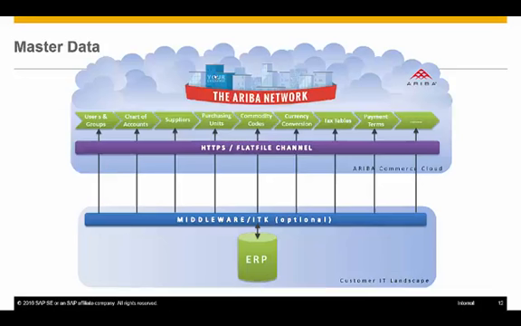Okay, and this is a pictorial representation of how your master data can be integrated with Ariba P2P. So you have the ERP at the very bottom, and you can have a middleware that is going to basically convert the data that can be extracted from ERP and fed into Ariba P2P.